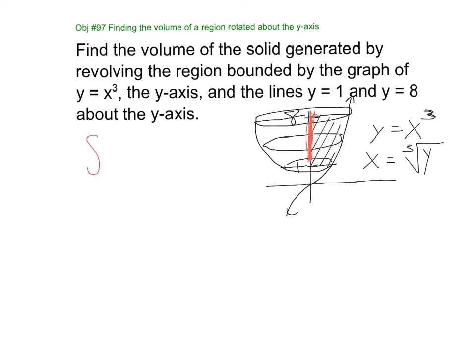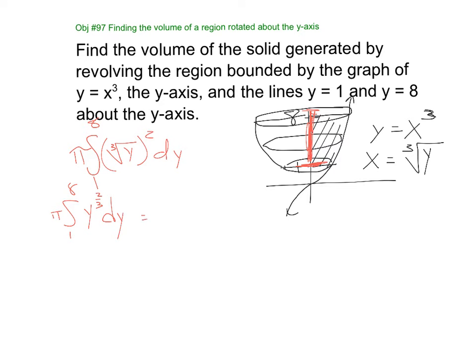So we got pi. Now, because we're doing this in terms of y, what are our bounds? Well, they literally gave them to us, 1 to 8. The cube root of y squared dy. So that's pi from 1 to 8, y to the 2/3.